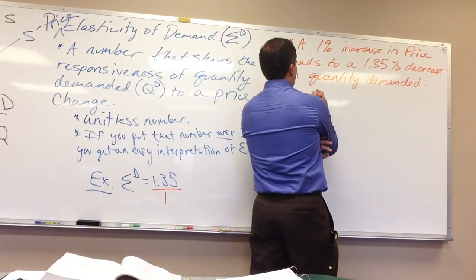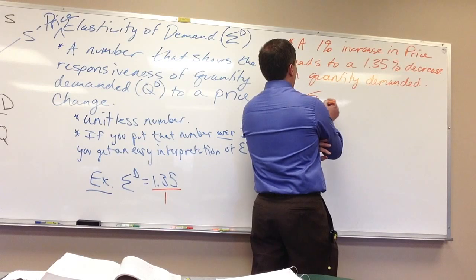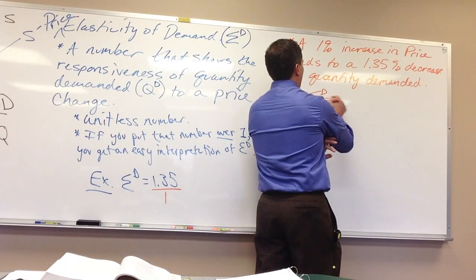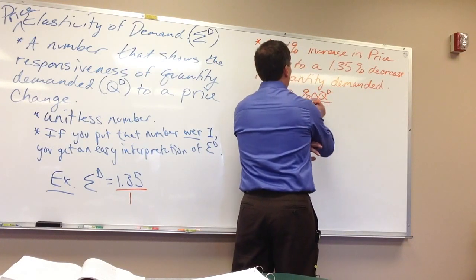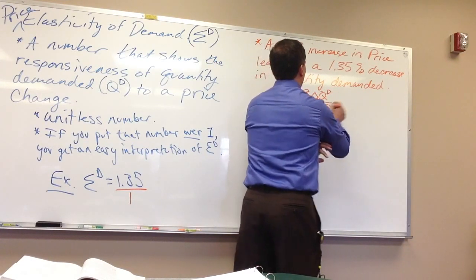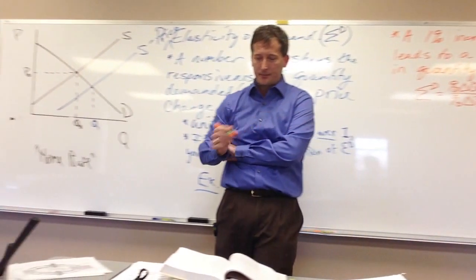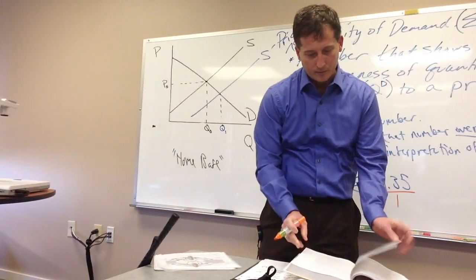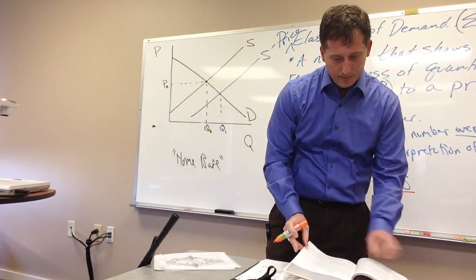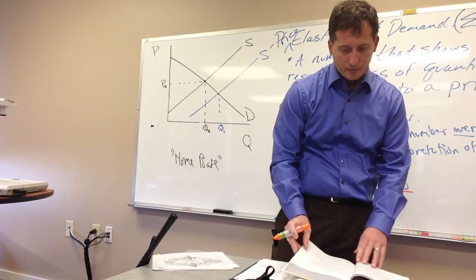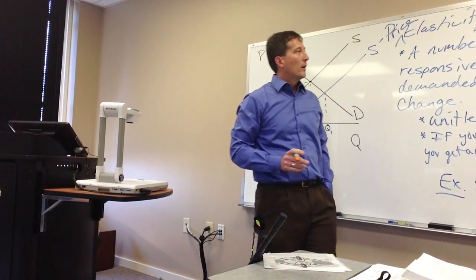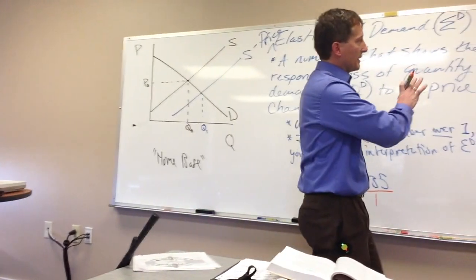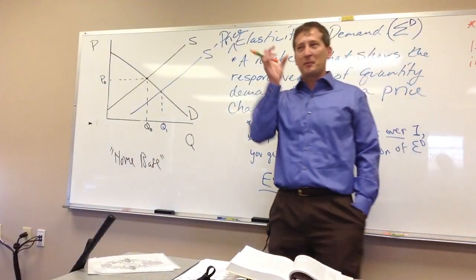And so our formula for the elasticity of demand is the ratio of the percentage change in quantity demanded over the percentage change in price. Now this is where we're going to take things slightly different than what we did in principles class.